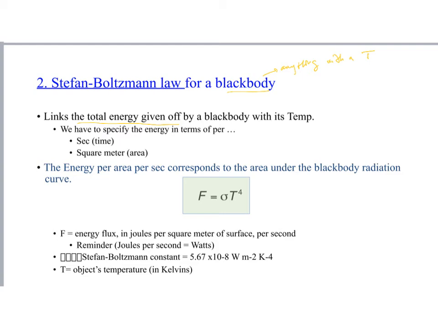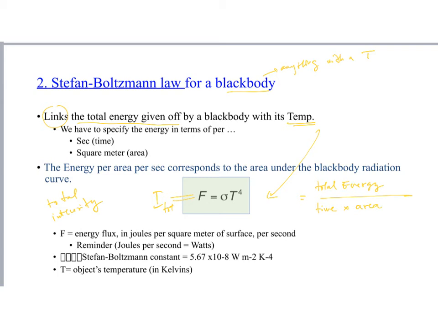Well, that is again linked with the temperature, and basically this is the formula. So here's what we have. It's called F, you can call it I total or total intensity. Okay, which is again total energy per unit time per area.